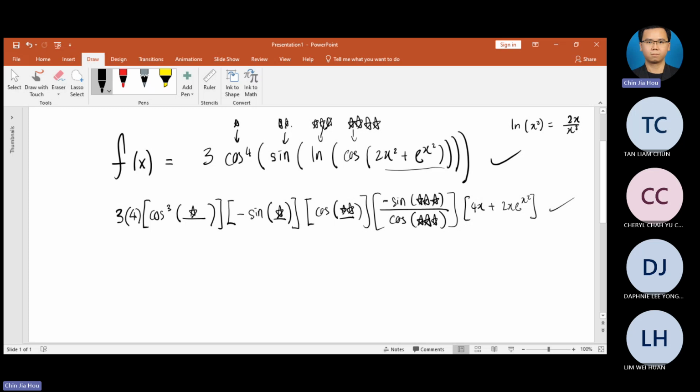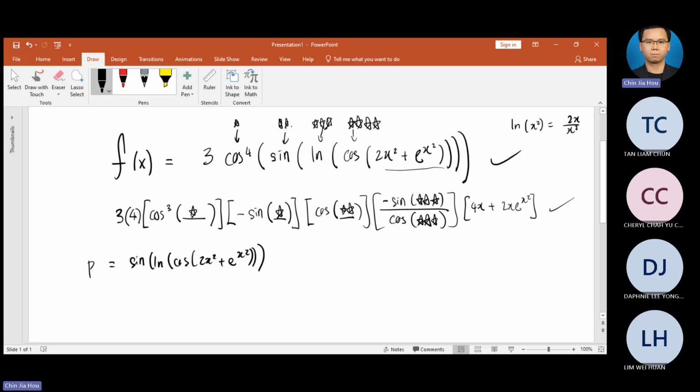Okay, so to avoid taking so long, right? You can actually say this t or u term equals to whatever it is. Let's say you define that sine, ln, cos 2x squared plus e^(x squared). How many brackets? 1, 2, 3 brackets. Maybe you put it as p, whatever. You just put it in there, so that your answer is shorter.